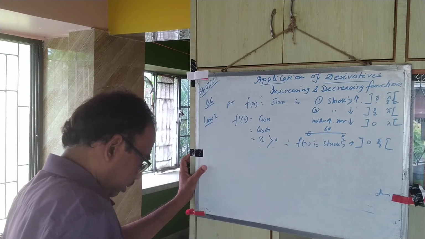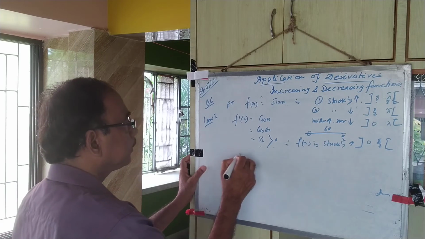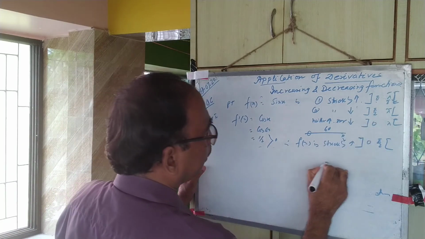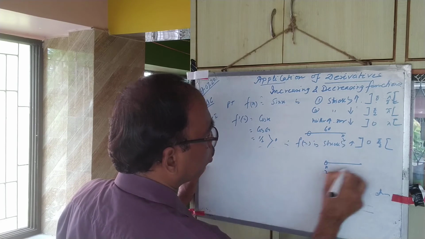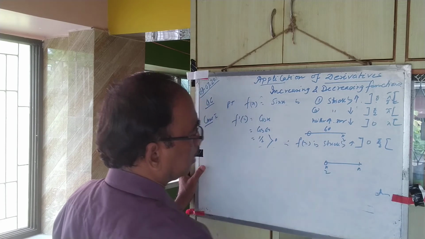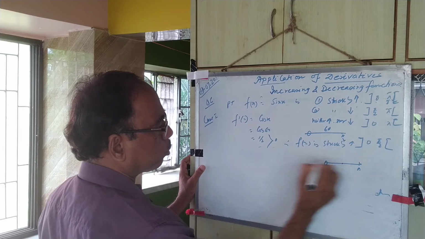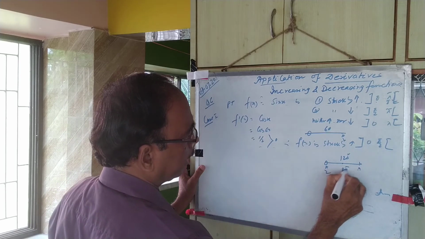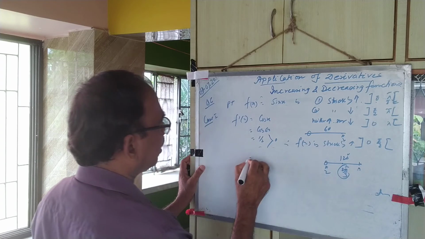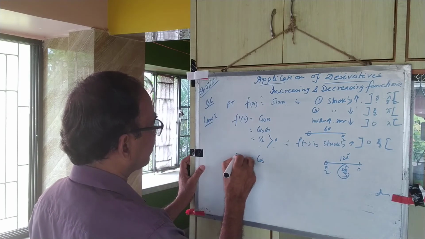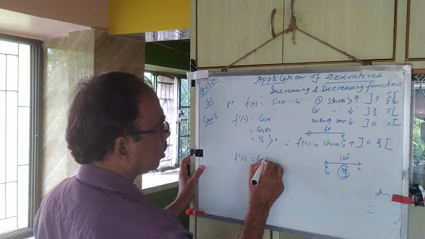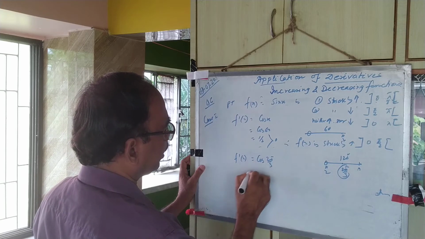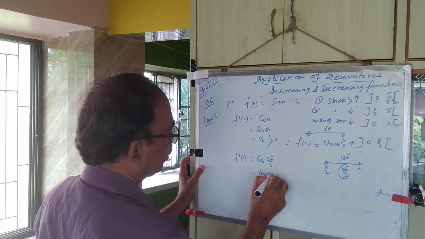Again, in the interval pi by 2 to pi, suppose 120 degrees, that is 2 pi by 3. Within this interval, f dash x is cos 2 pi by 3, that is cos 120.